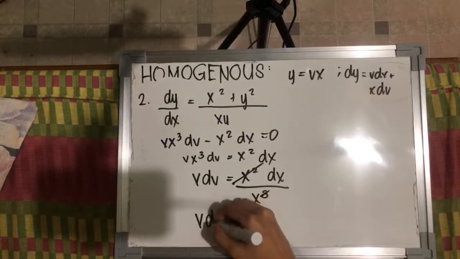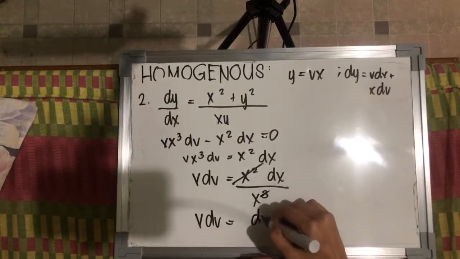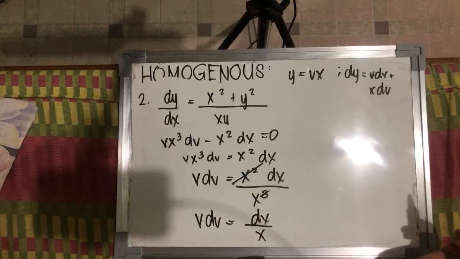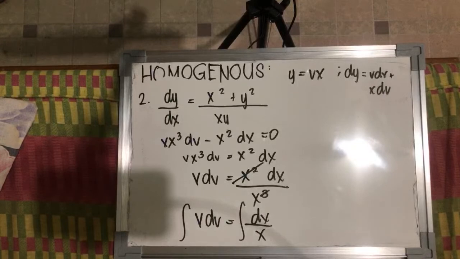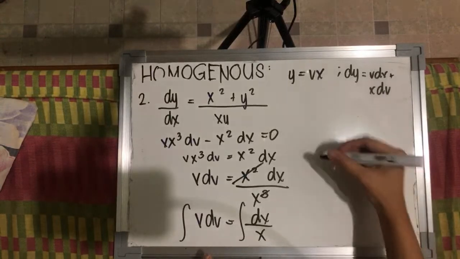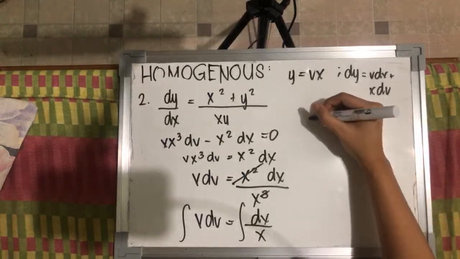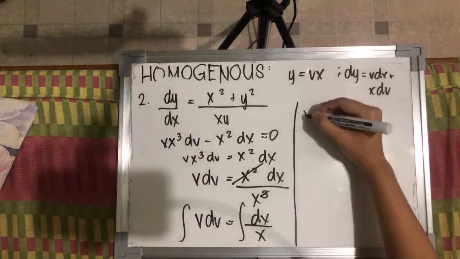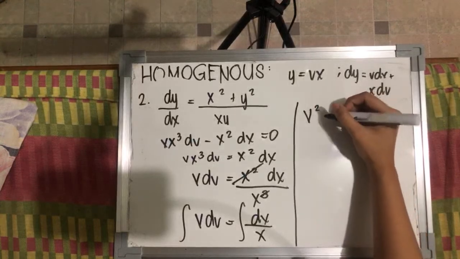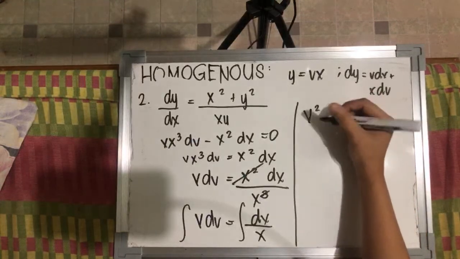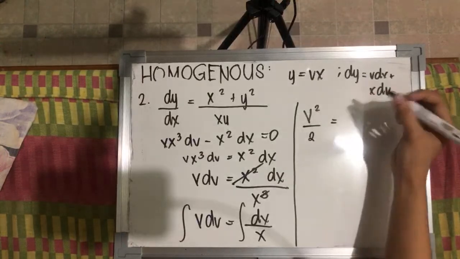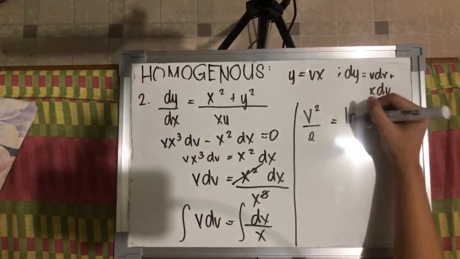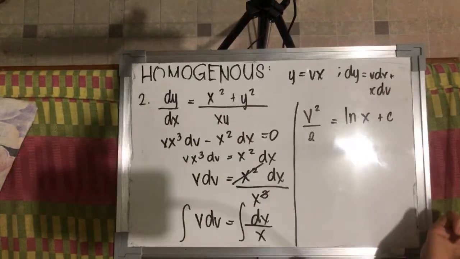So, v dv is equal to dx over x. So, integrate natin both sides. Magiging v squared over 2 is equal to ln of x plus c.